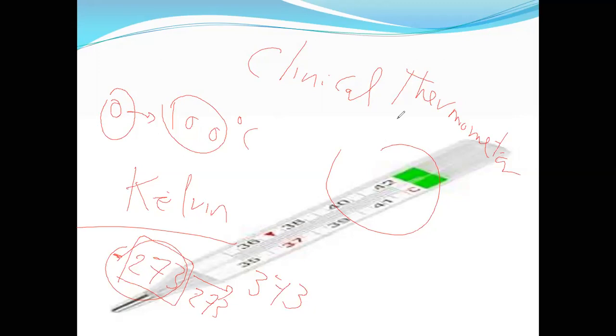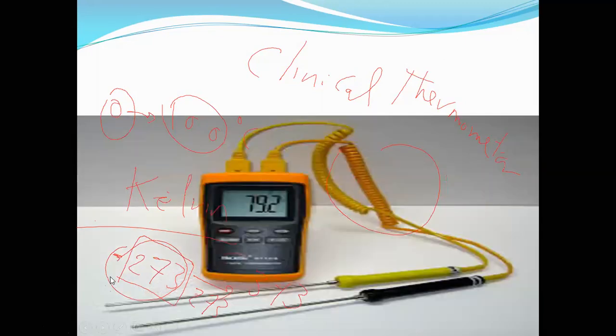So this is the first kind of thermometer. Okay, we have the thermocouple. The second kind of thermometer we have is the thermocouple thermometer.